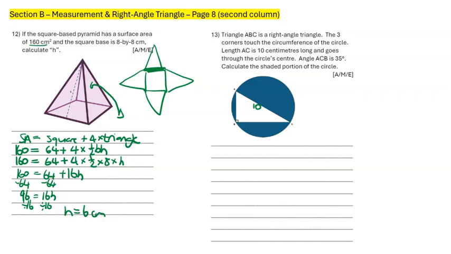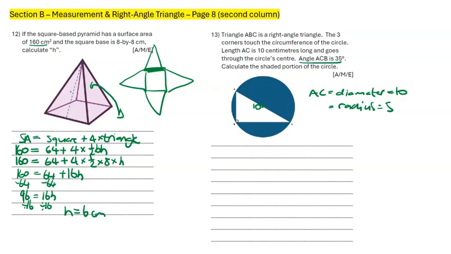So going through the circle center means AC is actually the diameter, which is 10 centimeters. So that means the radius is going to be half of that, 5 centimeters. And that's going to be important, because if I need to find the circumference of the circle, or the area of the circle, I need that radius number.